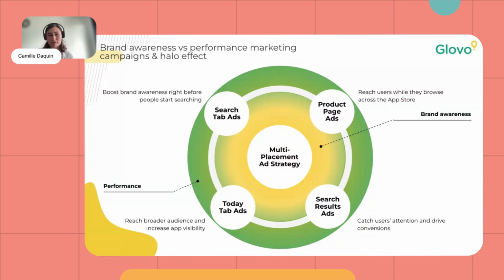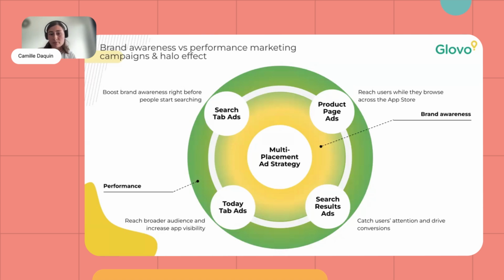If there are relevant searches for your app, obviously you need to be there. And by combining those plus Search tab on the top and product page, you can really boost that performance with tailored ad creatives. You can use super tailored custom product pages for, as I mentioned, super specific events within the country, seasonality events, etc. And you can curate those that are the most relevant for user searches as well.